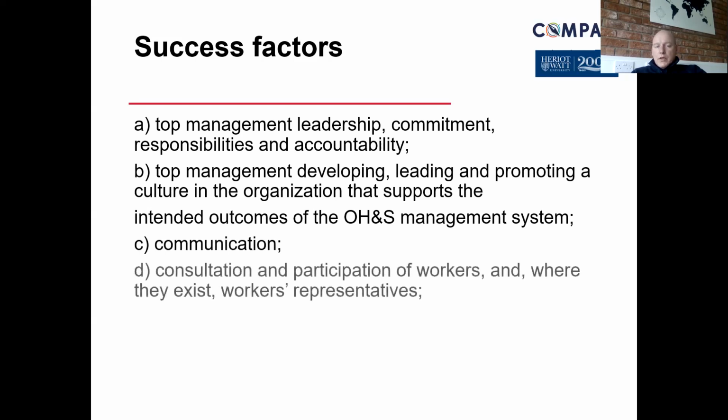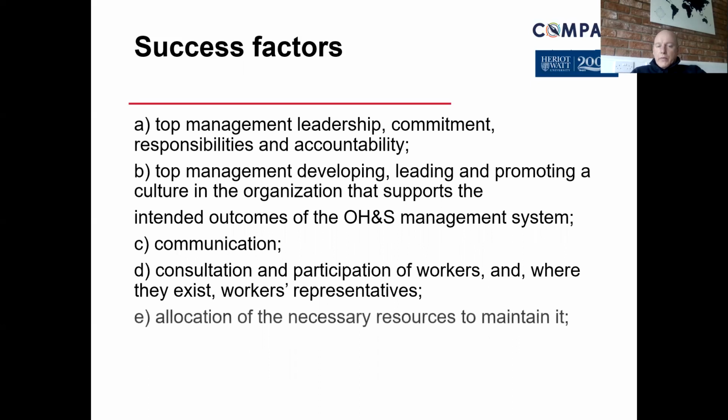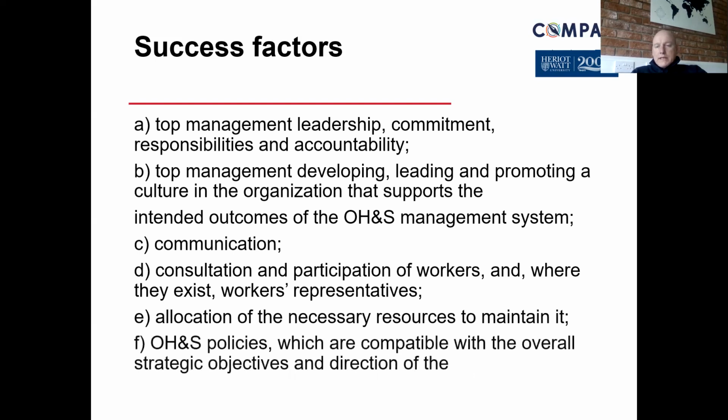Communication is good. Consultation and participation is evident, and it's part of the way they work. The necessary resources are not just provided, but also maintained. The policies are compatible, so people are more likely to achieve them, not putting unachievable standards within the policies and procedures.